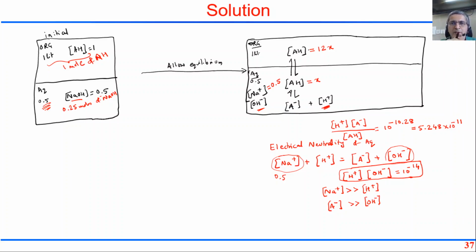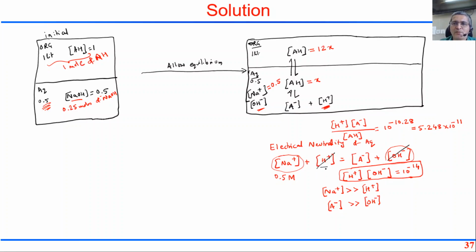So even at equilibrium, the Na plus ion concentration is going to be 0.5 molar. Don't you think this 0.5 is very large as compared to 10 raised to minus 12, 13, 14, 10 raised to minus 10? If that is the case, then I can neglect this in comparison to Na plus.